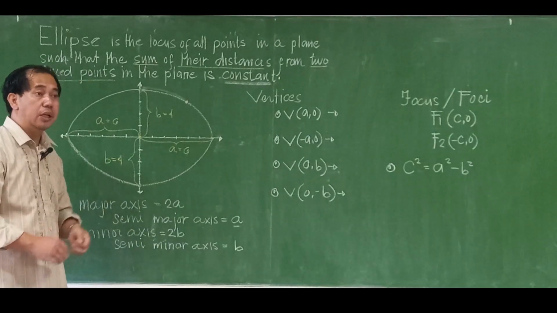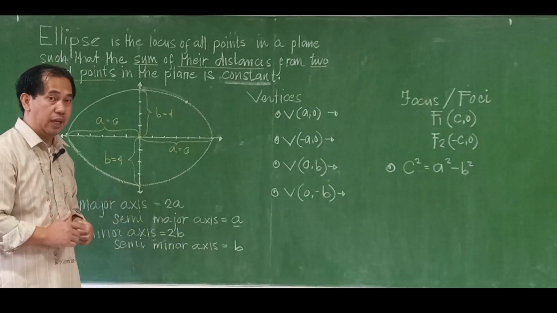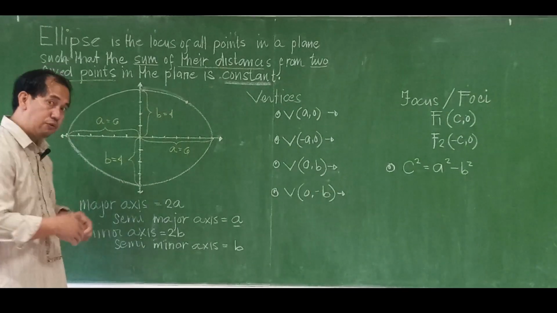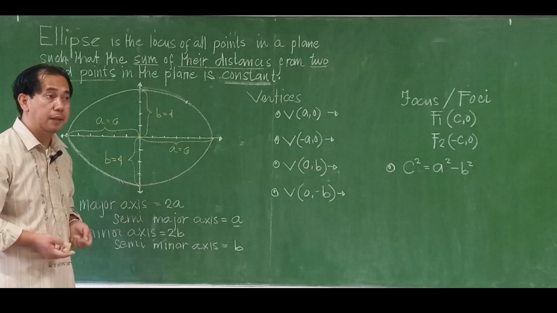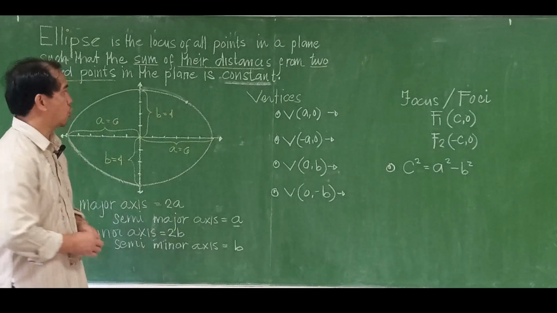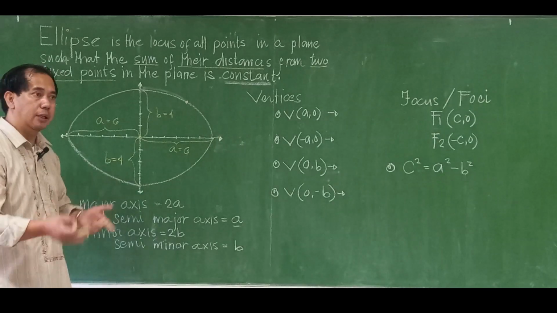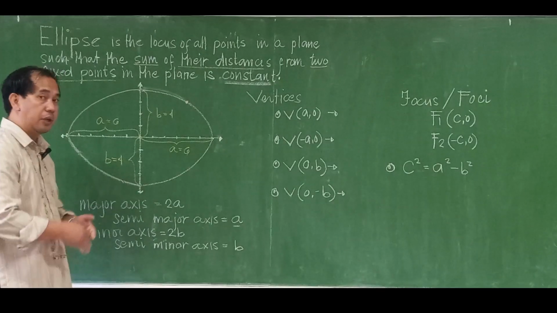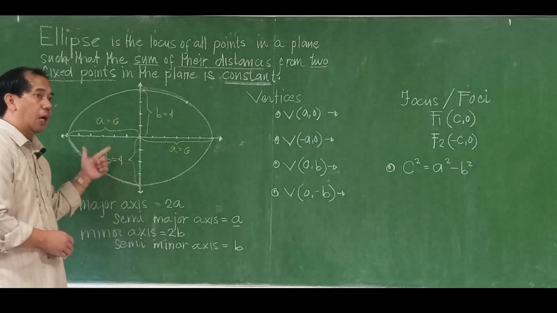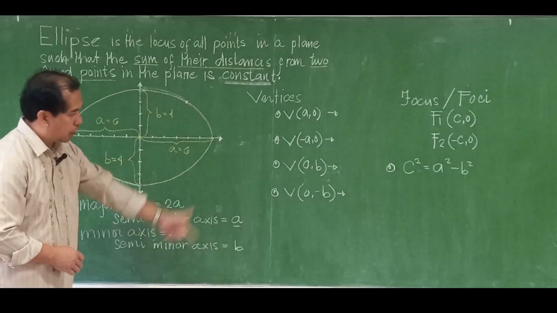That is actually the focus of the ellipse. We have two focus points, and so they are called foci. Foci is the plural form of the word focus. So in an ellipse, there are always two foci.